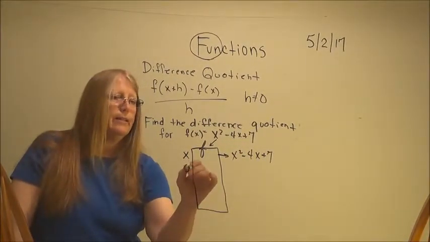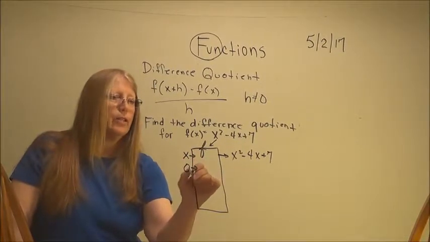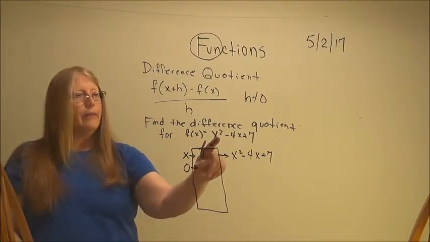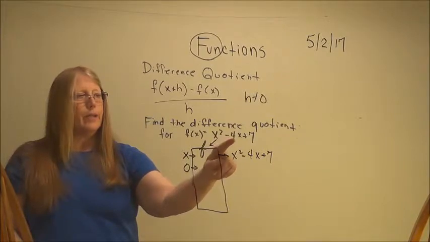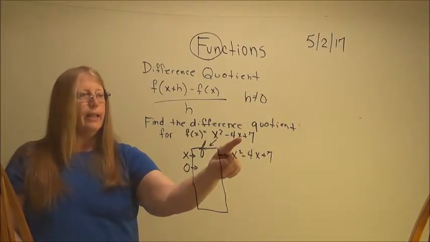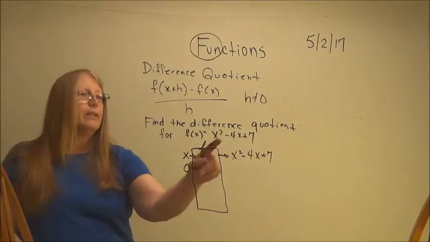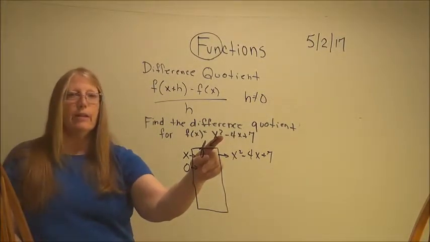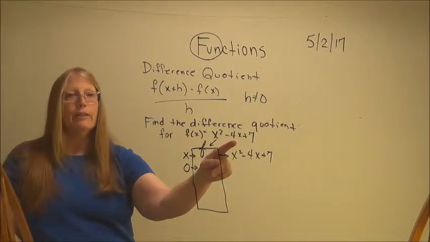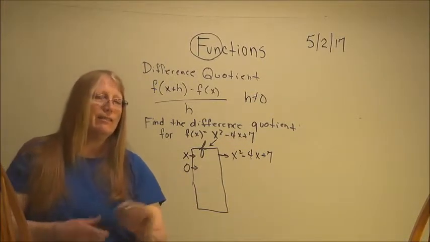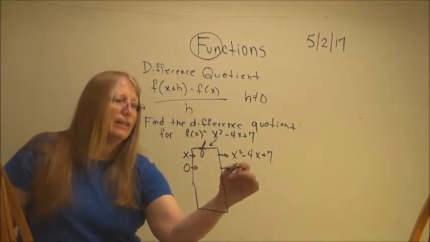What if I put a 0 into this function? It'll take whatever I put in and square it, subtract 4 times whatever I put in, and add 7. So if I put in a 0, it's going to be 0 squared, which is 0, minus 4 times 0, 0, plus 7. So it spits out a 7.